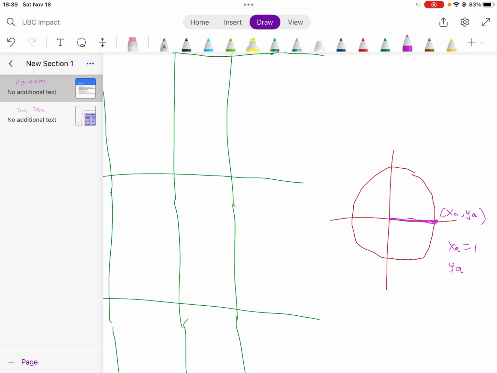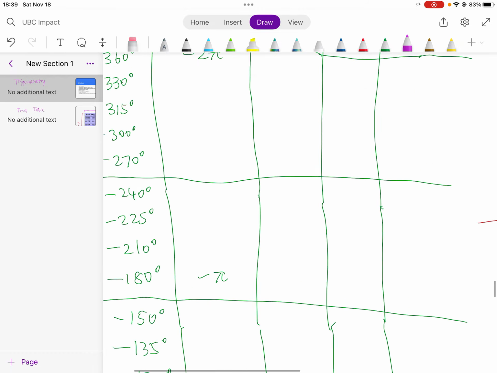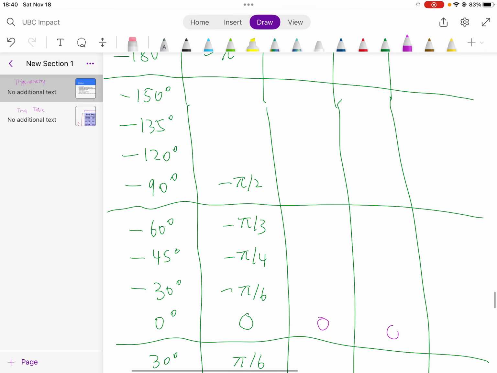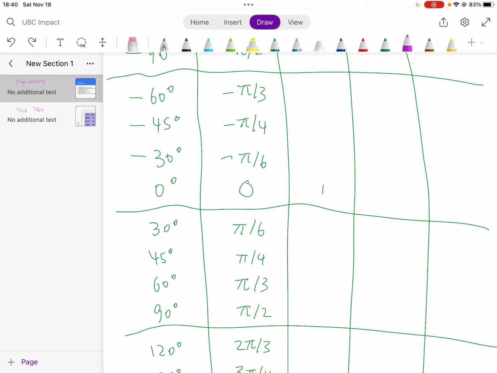And for y, there's no lift from the x-axis, so y is 0. This tells us that the sine, which is y, is 0, the cosine, which is x, is 1, and the ratio between these two is the tangent, which is also 0. So we can fill this out like this. Cosine is 1, sine is 0, tangent is 0.